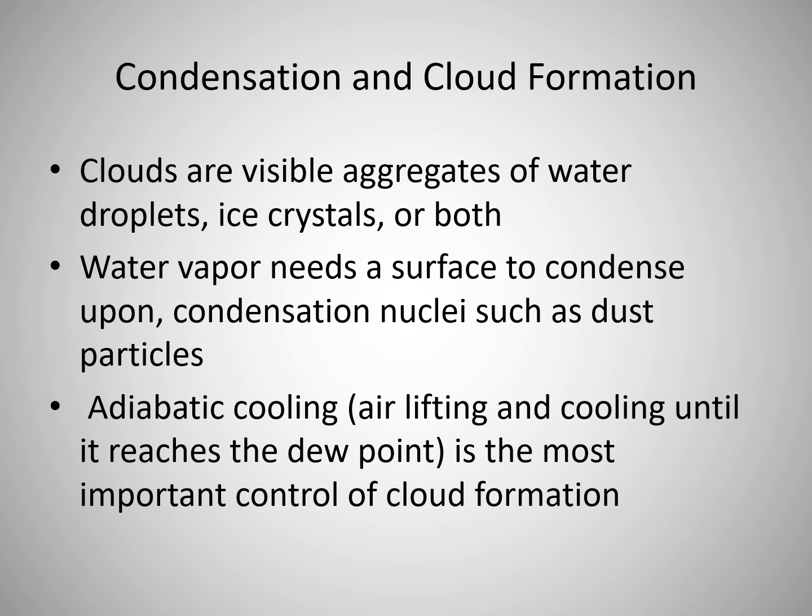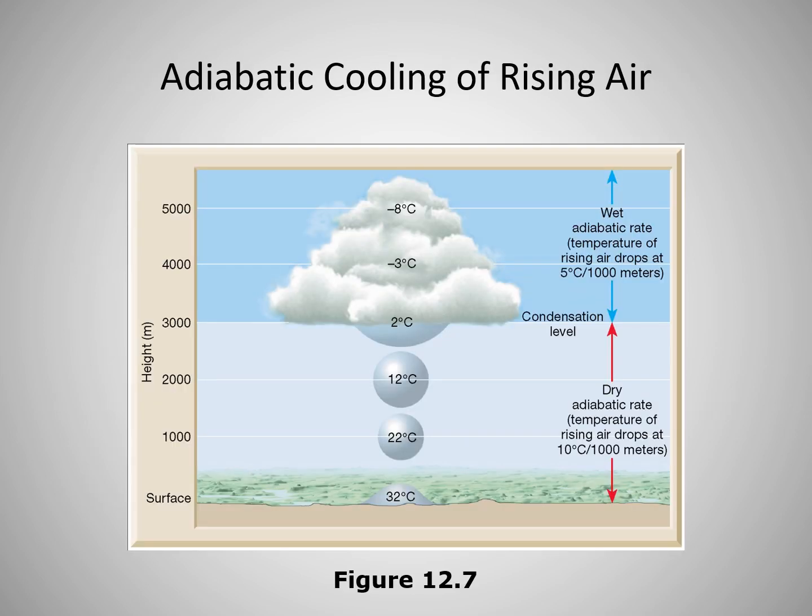Adiabatic cooling, which just means that the air is rising, lifting, and cooling. Again, you don't have to worry about the term adiabatic. It just means it's cooling because it's expanding. The rising air mass will cool, and you will reach the dew point temperature, and condensation will occur because you do have condensation nuclei present most of the time.